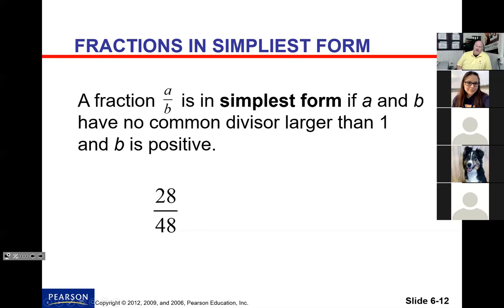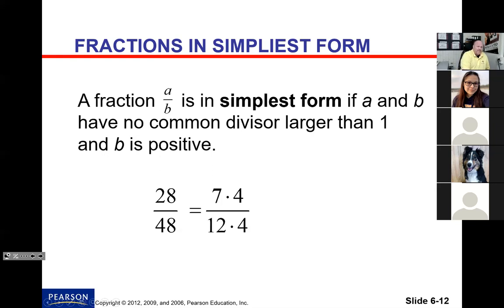So I'm looking for a number that I can divide out of the top, but that number also has to be divided out of the bottom, because you're talking about multiplication. Remember, that was one of the rules. 28 and 48 are both even numbers. Would 2 work? Yes. Is there a bigger one that works into both? 4. 4 goes into both.